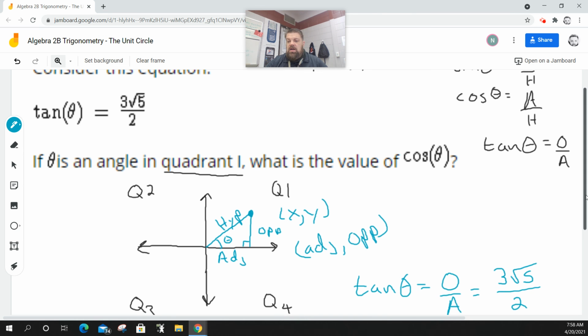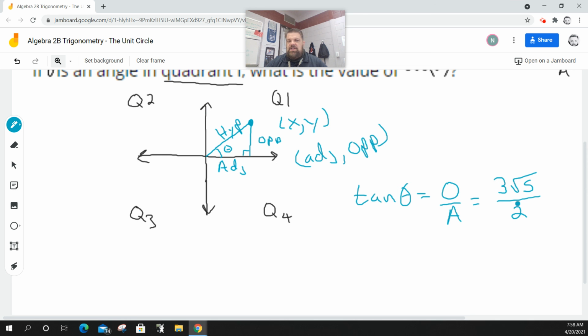Okay. Now this is a little tricky. Not really though. So if I think of my right triangle, I'm just going to sketch a bigger one out here. I'm going to get a line that goes like this, a line that goes like this. There we go, perfectly drawn right triangle.